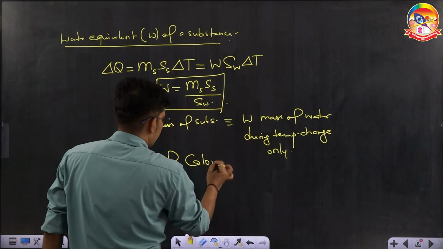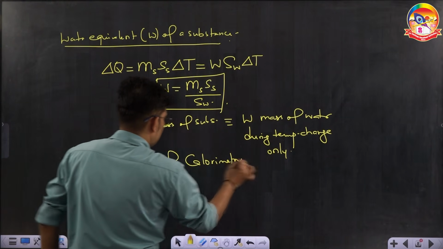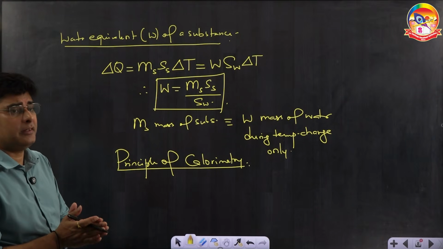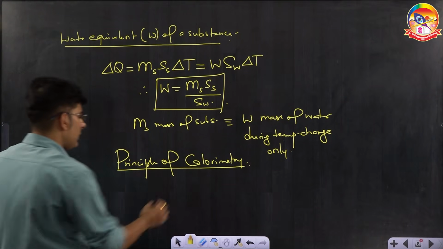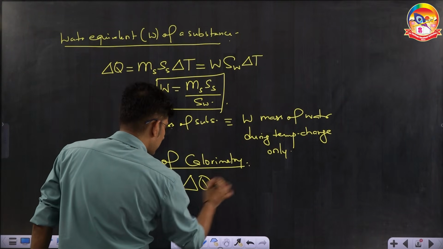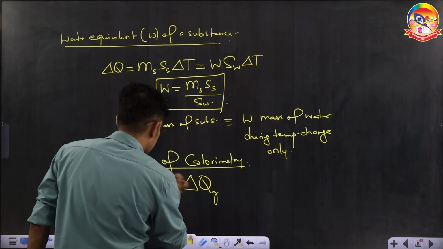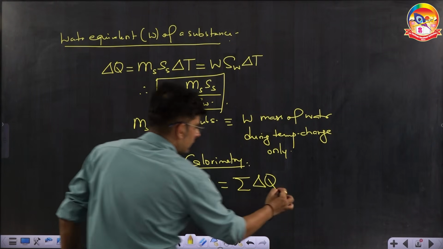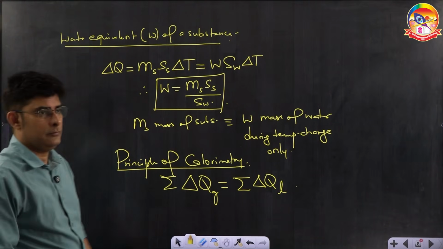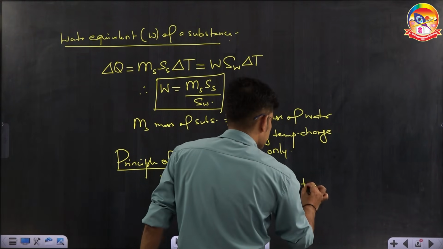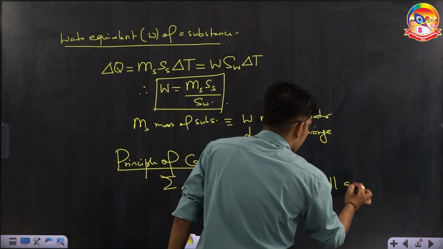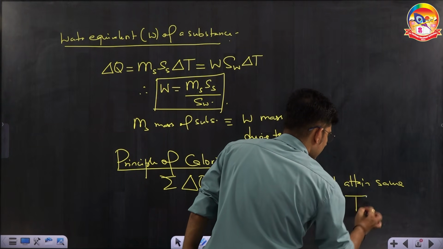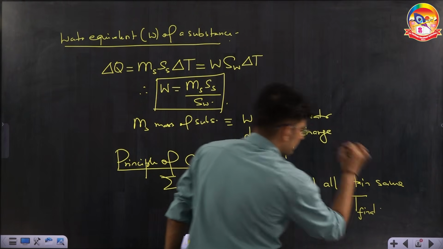principle of calorimetry. Whenever we are mixing substances in a closed vessel, the sum of total heat gained is equal to the sum of total heat lost, till all attain the same final temperature.